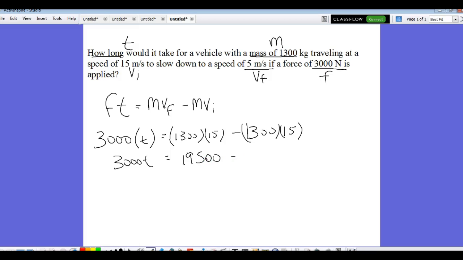Wait, that's 5. I got that wrong. So I go back. I made a mistake here. This is 5, not 15. This slows down to 5, so we go back. Made a mistake there. We go erase this. Just noticed this as I was working through it. Okay, so this should be 5. We're going to change this one.